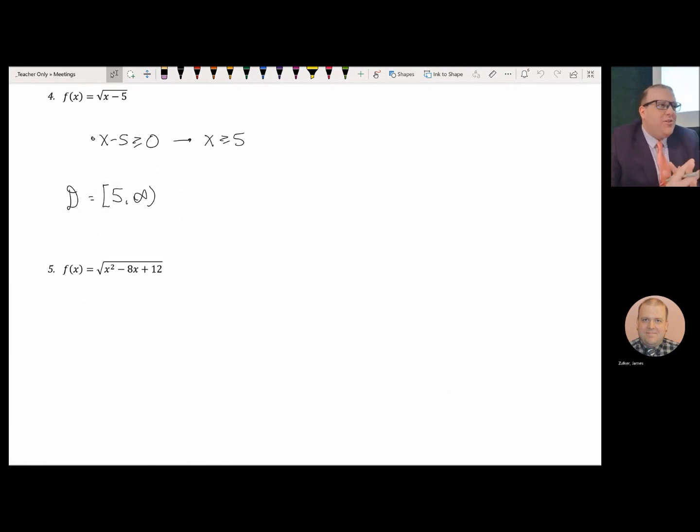Do we have a denominator? No. Do we have a radical? Is it an even index? That means what's under the radical has to be non-negative.